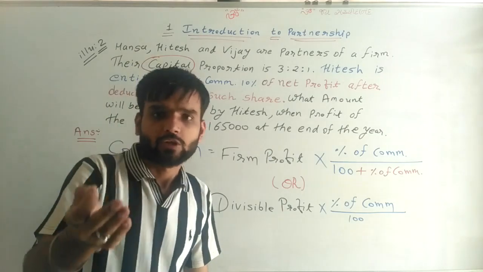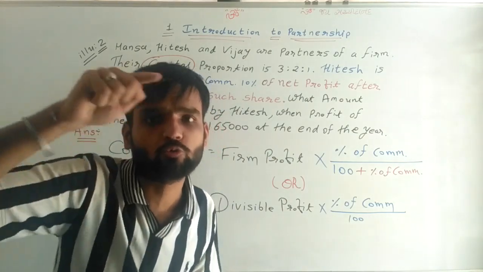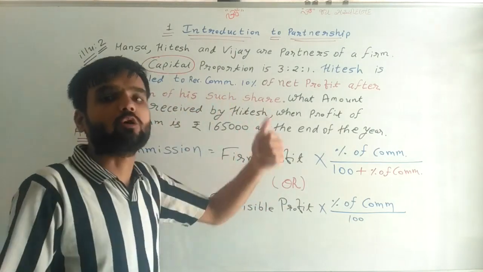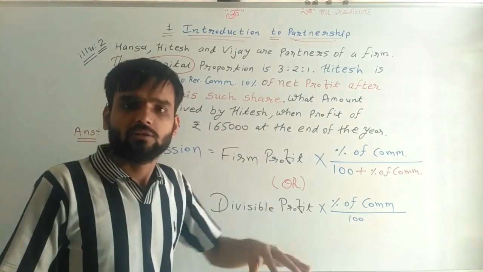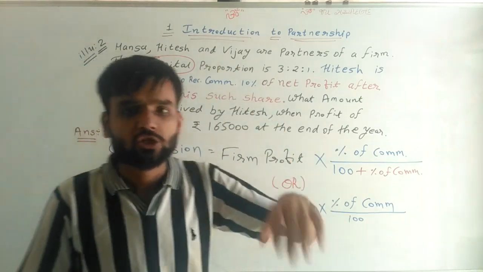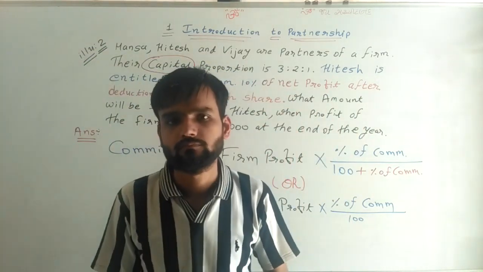So always read the question and decide which proportion is given to you. If the capital proportion is given and there is no information about the P&L proportion, then take the P&L proportion as equal. Here three partners are there, so the profit and loss proportion is 1, 1, 1.